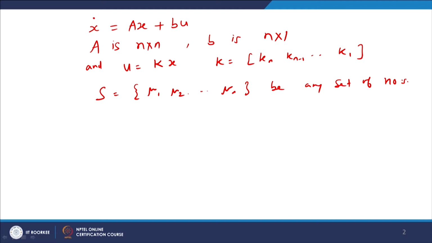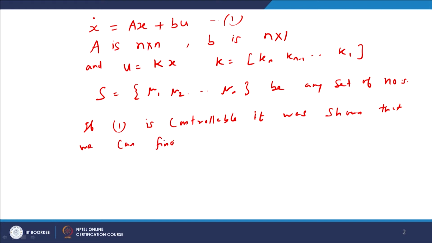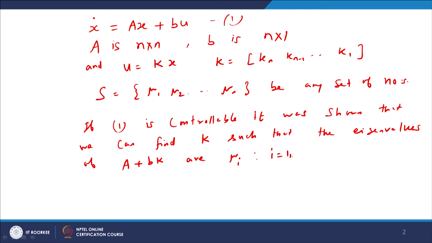Then if the system is controllable, we have shown that we can find the feedback matrix K such that the eigenvalues of A plus BK are mu i, for i equal to 1, 2, 3 up to n.